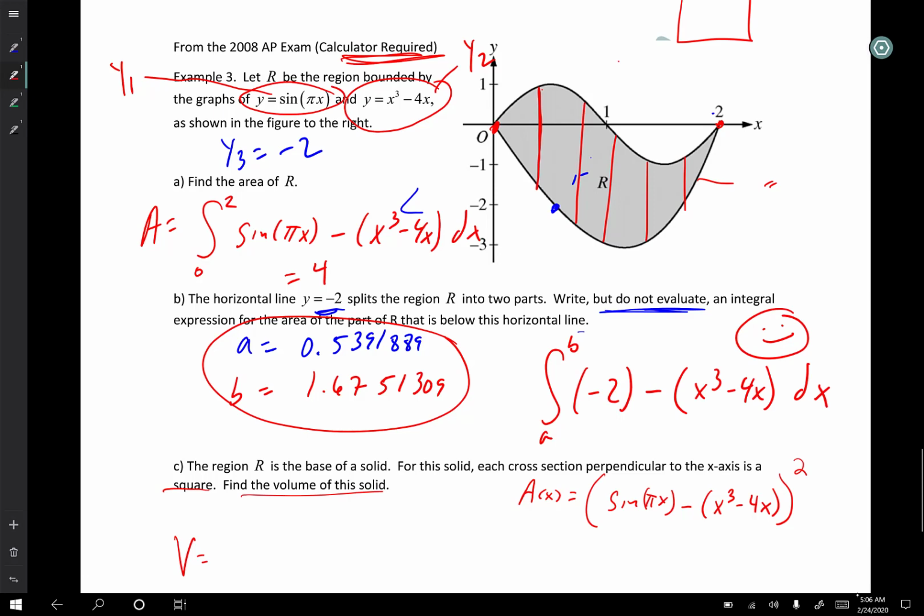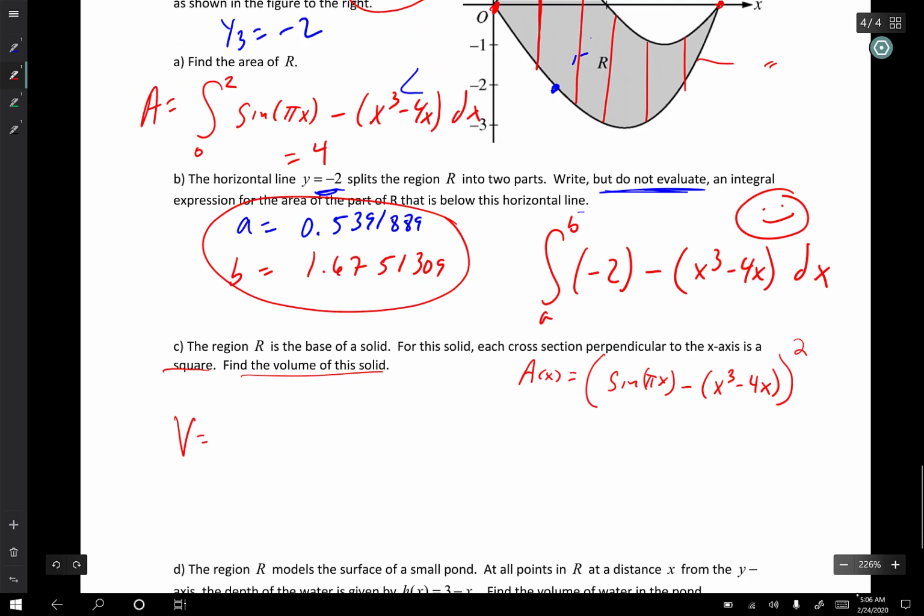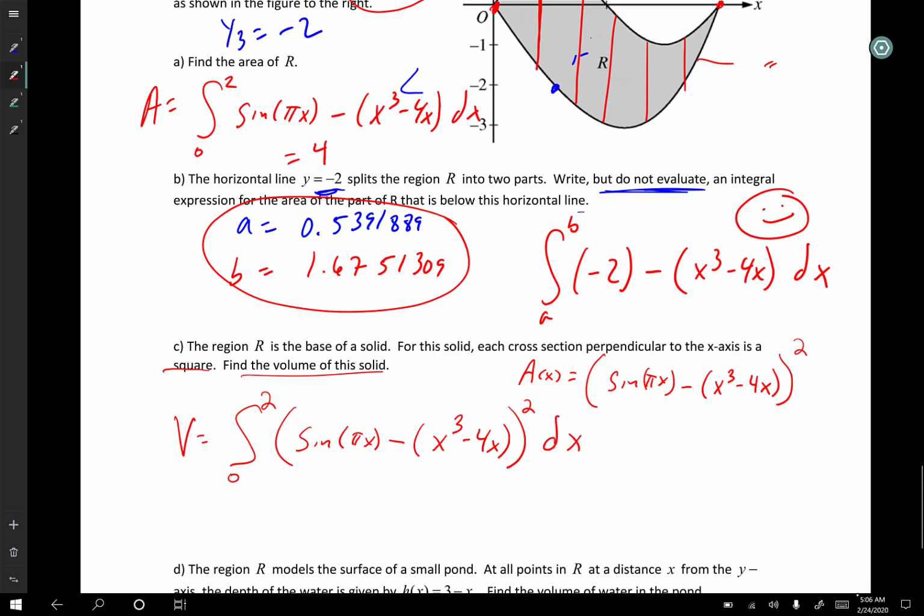the cross sections. So my volume is going to be the integral from 0 to 2 of this expression with a square on it. So giant parentheses, sine pi x, close, minus x cubed minus 4x, close, put a square on it, dx. Type it in the calculator, and use your y1 and y2 in your calculator.